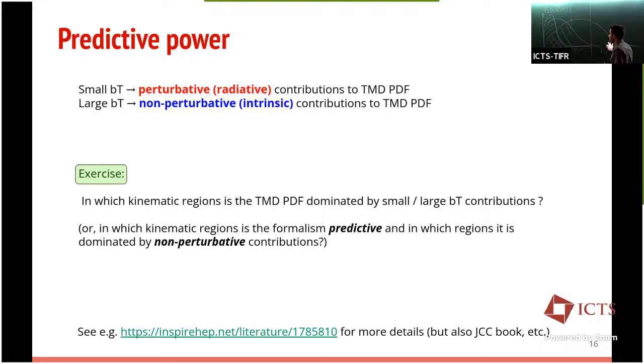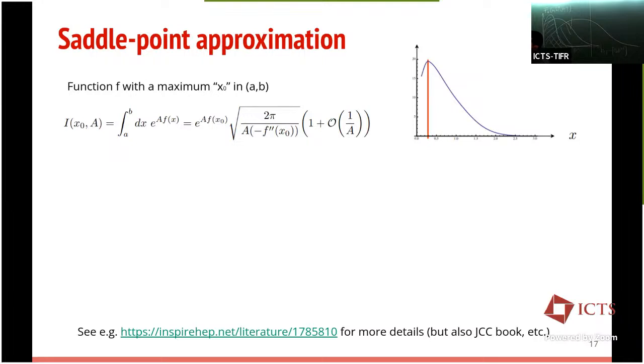So in this case, the TMD will be dominated by non-perturbative effects. The idea is to understand where the peak of the distribution is as a function of the kinematics. To do that, one can use the saddle point approximation.